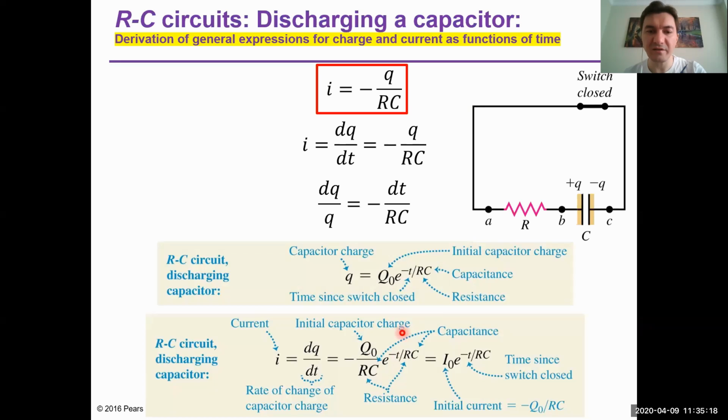If you increase the time, this term will go down, and thus the current in the circuit decreases by time. So we can call this the initial current, minus Q0 over RC, and this is the time, this is RC. So if time increases, current decreases.